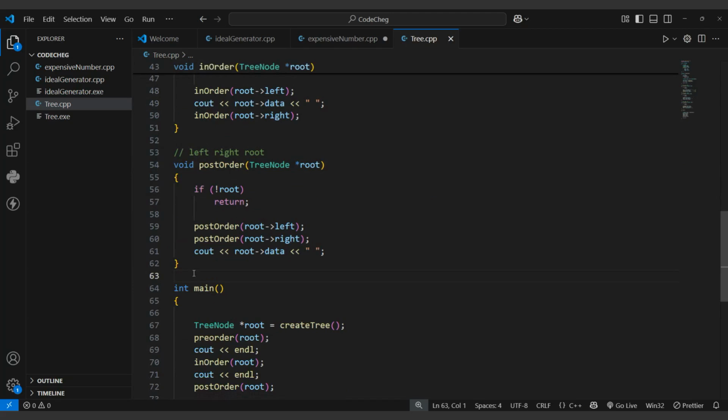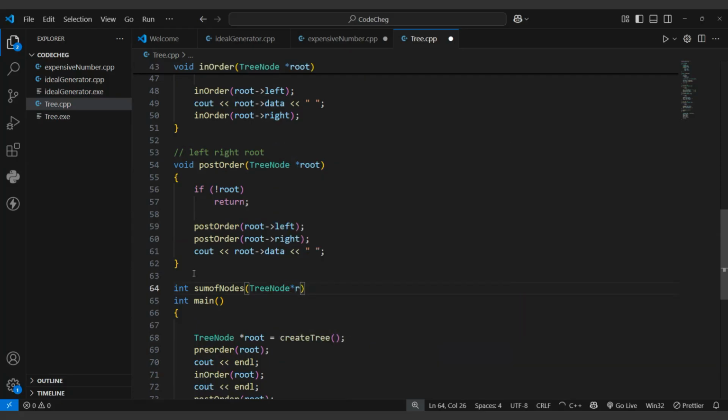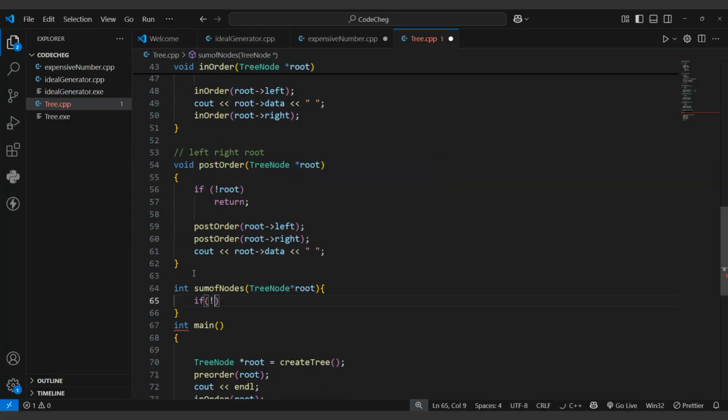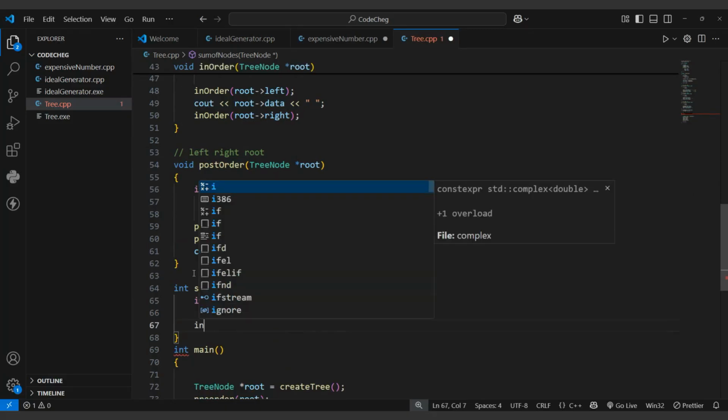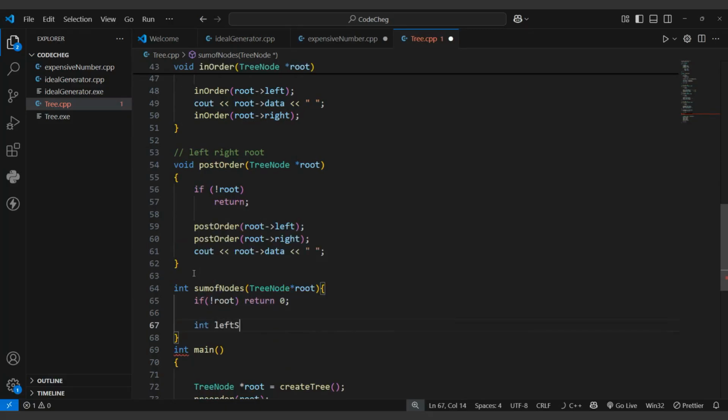So let's write a function. I'm calling it sum of nodes. First we check whether root exists or not. If root is null, return zero. Otherwise, find the left sum, moving towards the root's left.